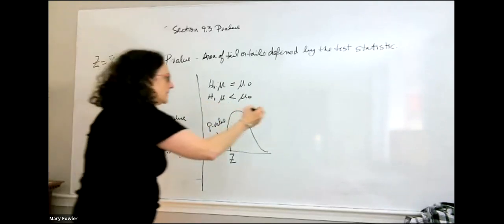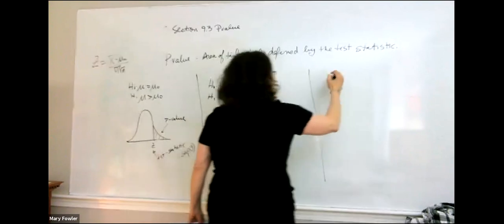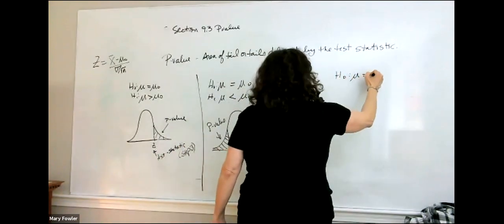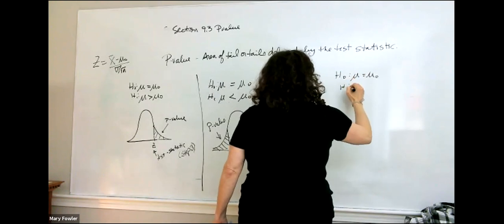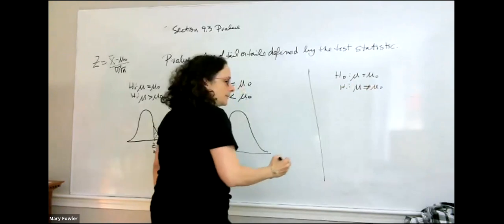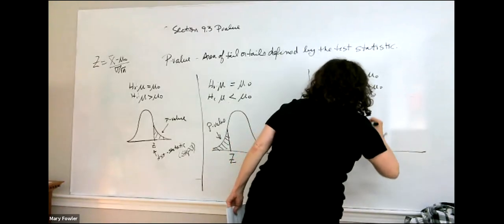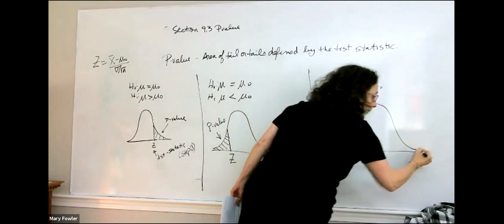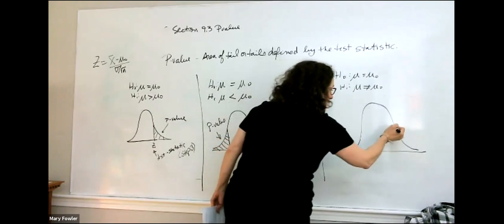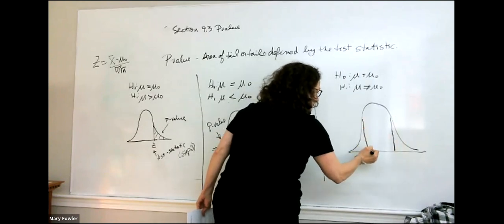Okay, and then, not a big surprise, if we had an alternative hypothesis of not equal to, then the p-value is going to be whatever your test statistic is and its opposite.